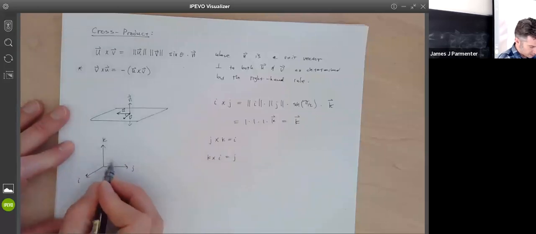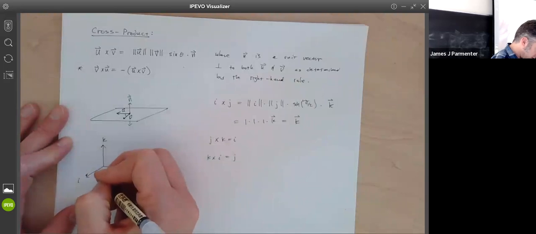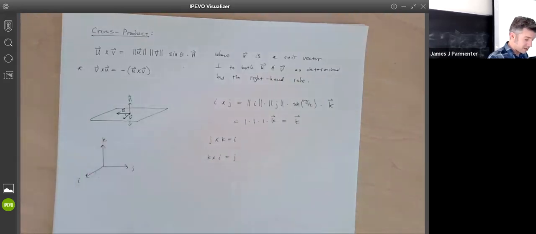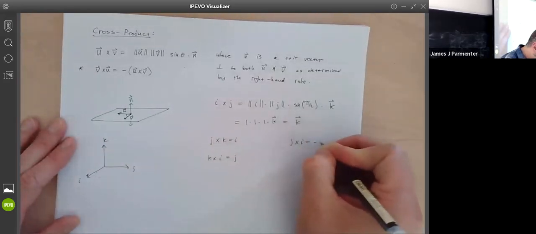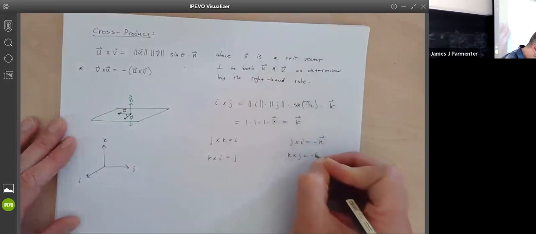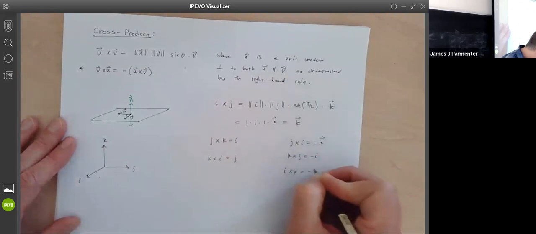If you go J cross towards K, you're going to point outwards in the I direction. If you do K cross towards I, you're going to point in the J direction. And if you reverse any of them, you get the negatives. So it's also true that J cross I is negative K, K cross J is negative I, and I cross K is negative J.